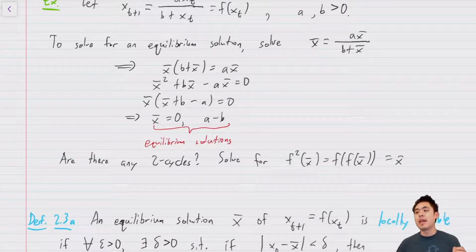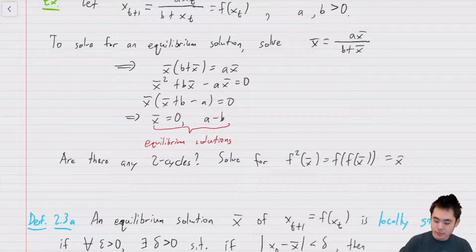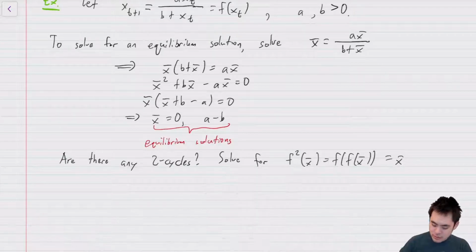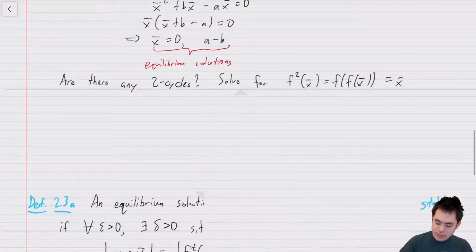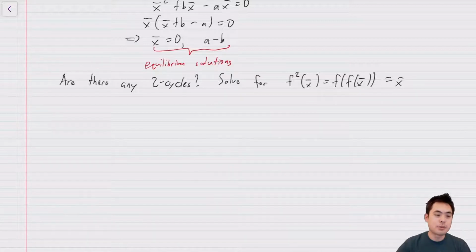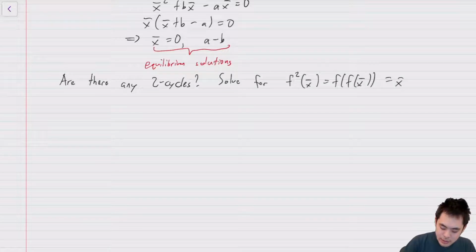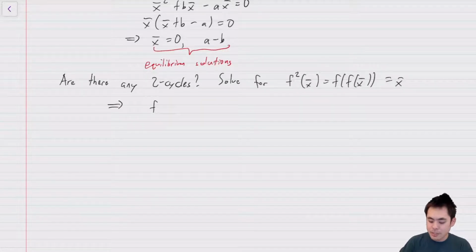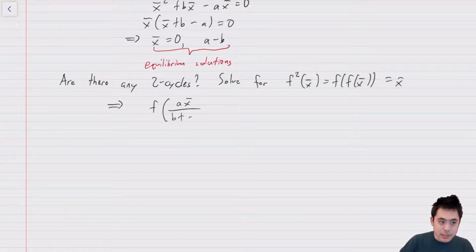So we want it after you apply your function f twice to return to the original solution. And this is a little bit more algebra to compute, but let's do it anyway. So if you plug it in, f of x bar, we knew to be a x bar over b plus x bar. And we want that to be equal to x bar.